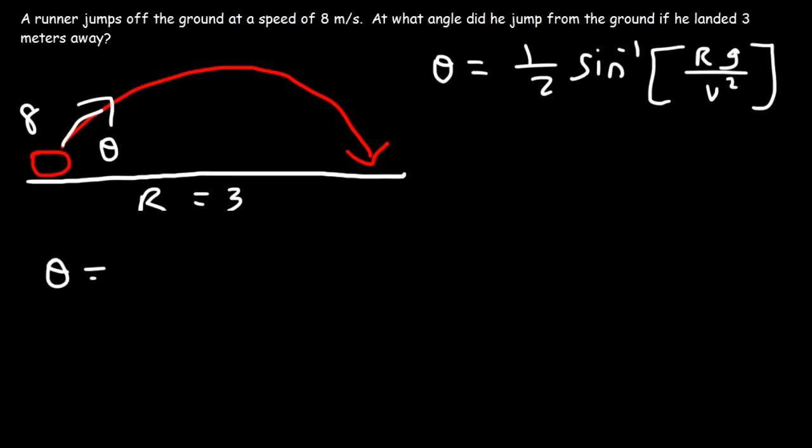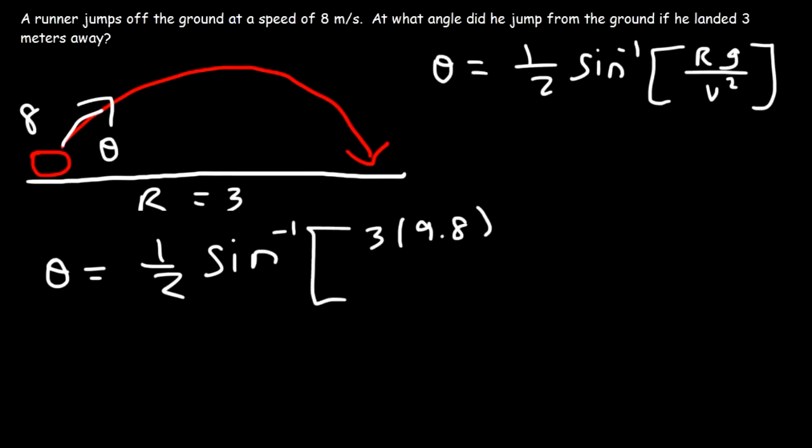So now let's calculate the angle. So it's 1/2 arc sine, r is 3, g is 9.8, the velocity is 8, so 8 squared is 64. 3 times 9.8 is 29.4 divided by 64. That's 0.459375.